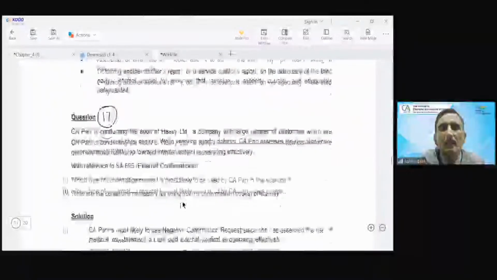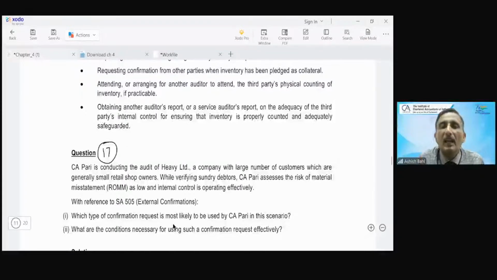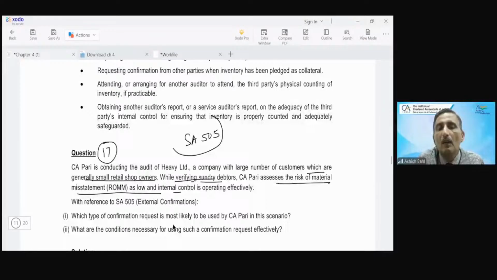Okay. See question number 17. Now this is again about SA 505. CA Pari is conducting audit of Heavy Limited, a company with a large number of customers, which are generally small-time retail shop owners. While verifying sundry debtors, CA Pari assesses risk of material misstatement as low and internal control is operating effectively.